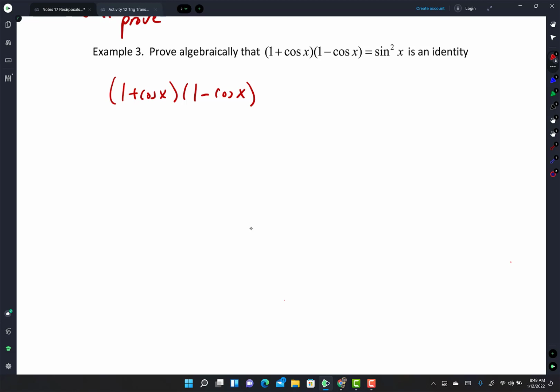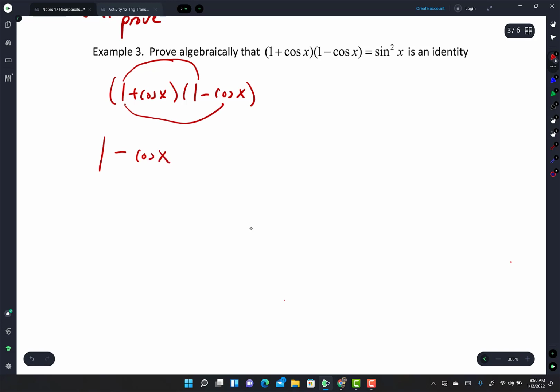To distribute or FOIL? Don't worry, you need more experience. I get it that this is brand new. What's 1 times 1? 1. What's 1 times negative cosine? Negative cosine x. What is cosine x times 1? Plus cosine x. What's cosine x times negative cosine x?